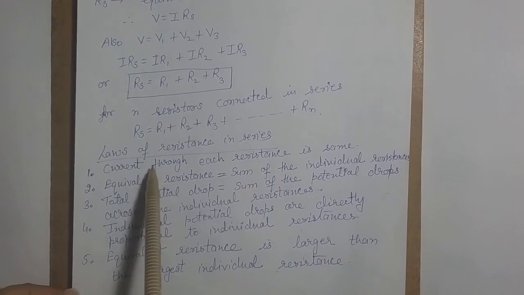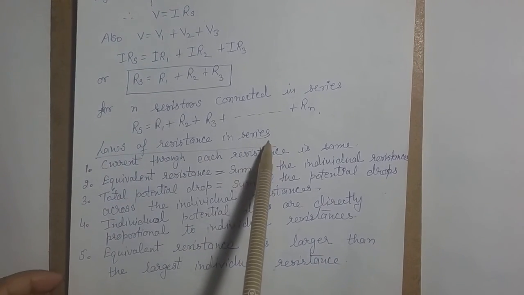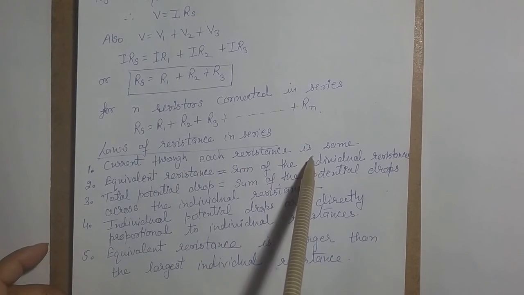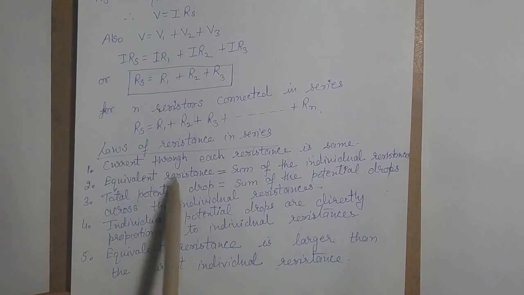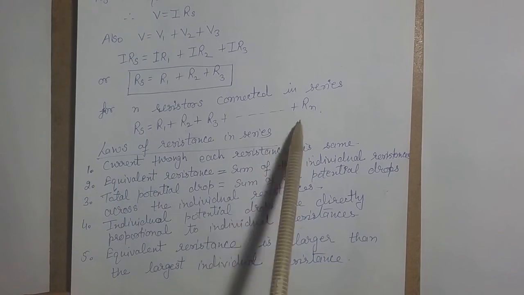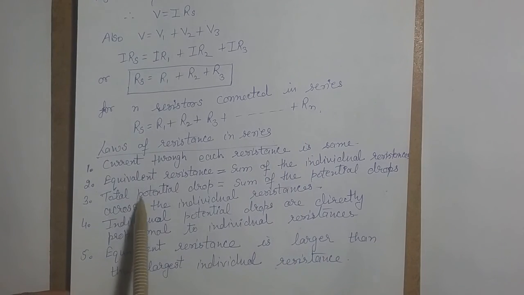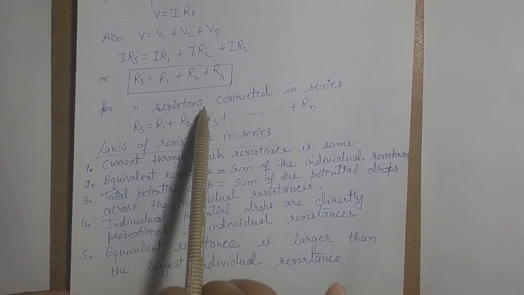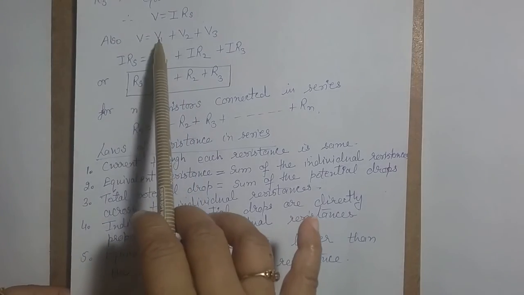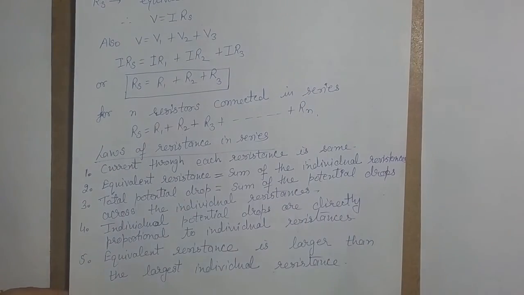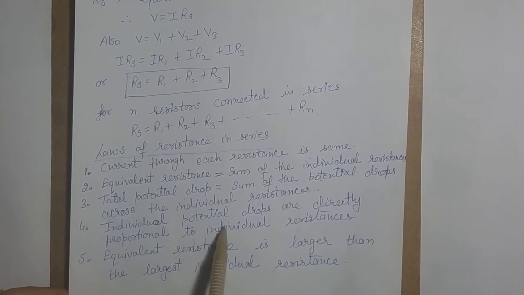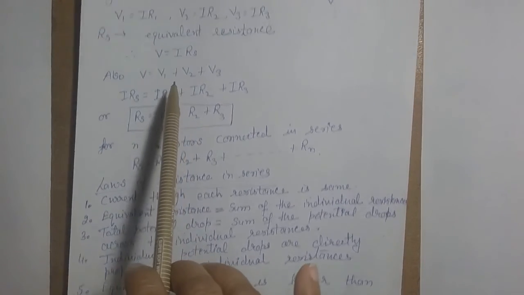Now, what are the various laws for resistances in series? Current remains constant. Equivalent resistance, that is RS, is the sum of the individual resistances. Total potential is the sum of the potentials, that is V equals V1 plus V2 and so on. And the individual potential drop is proportional to the individual resistance.